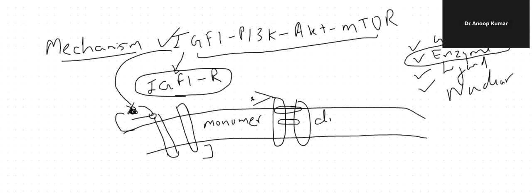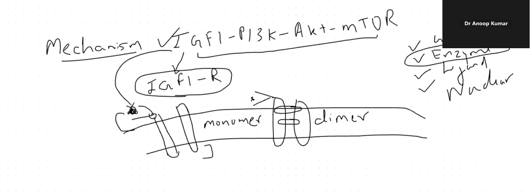Now the process is going to start. Got it? So it becomes dimer. So this is the active configuration. If the question is asked, what is the active configuration of enzyme linked receptors, and options are monomer, dimer, trimer, whatever, the answer to this question is dimer, right?